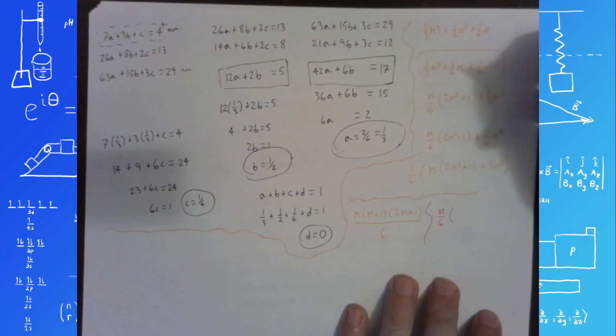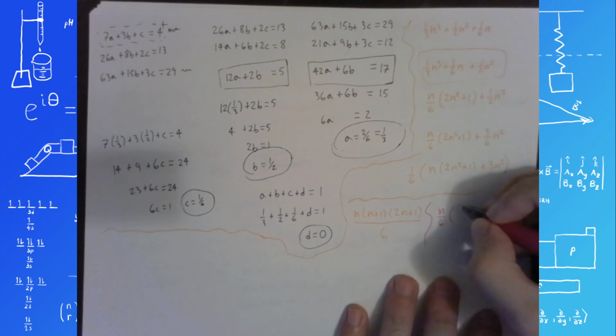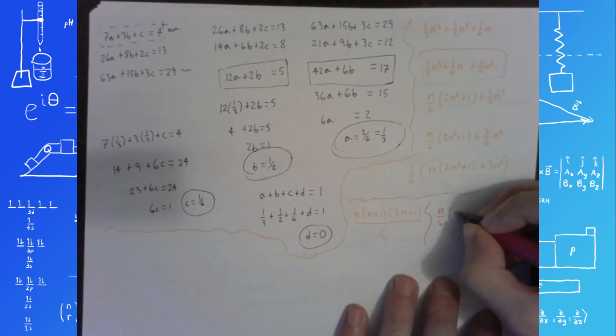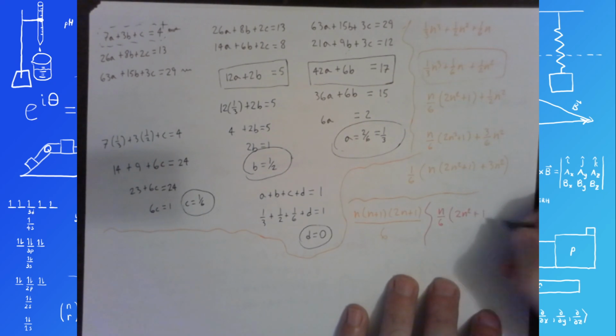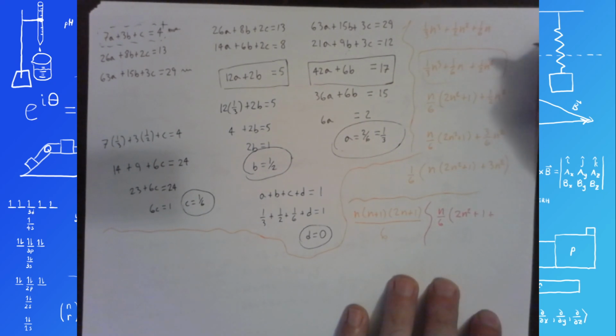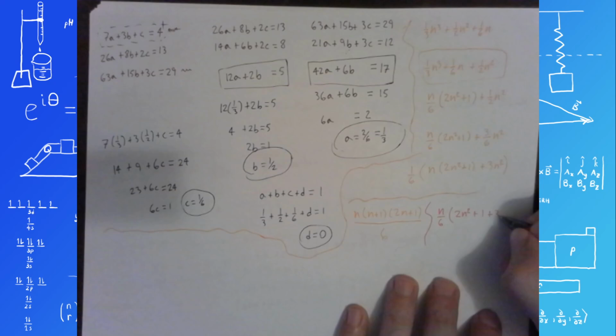Take out a 1/6 n, and you're left with, taking 1/6 out of 1/3 leaves you with 2n squared plus 1 plus, taking out 1/6 from 1/2, that's 1/2 divided by 1/6, which is 1/2 times 6, which is 3n.